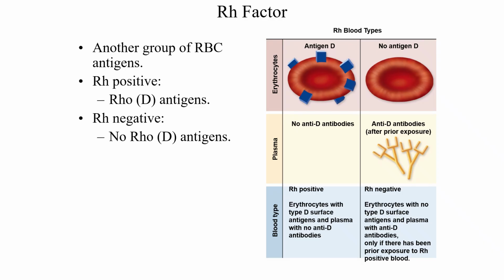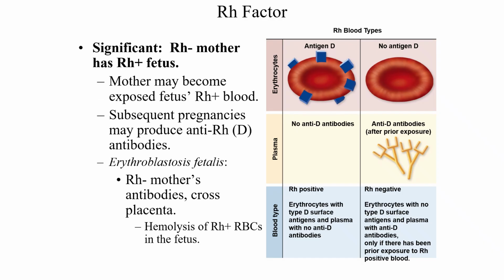Many people may not know until after the second interaction with this particular antigen that they have antibodies against it, unless they do a blood type lab and they just know ahead of time. Now, when talking about expectant mothers, this is where the development of antibodies at prior exposure can be significant.